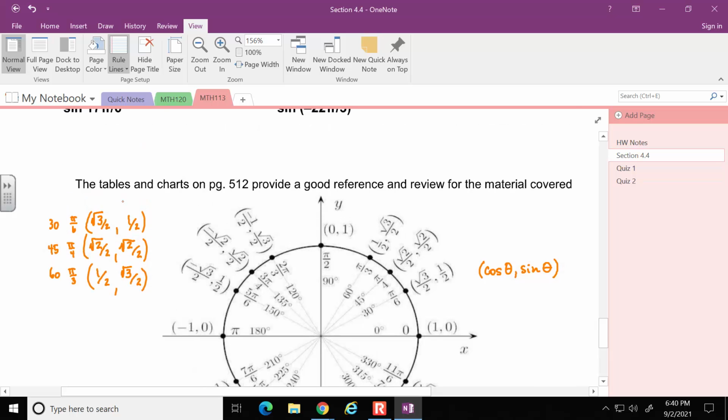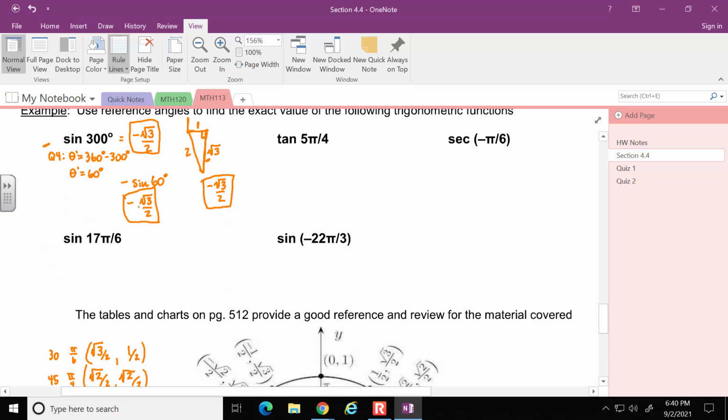So, practice. The more you do these, the more familiar you're going to get. You're going to see it. So tangent, when I see tangent of 5 pi over 4, I say, well, that's 4 pi over 4 plus another pi over 4. So I've got this reference angle down here, and it is a 45-degree angle. In that case, my short side's always 1, and then this long side is square root of 2.